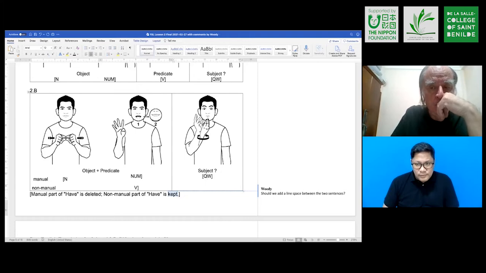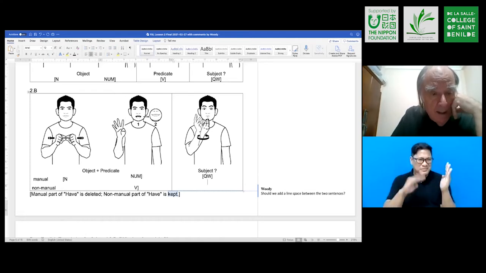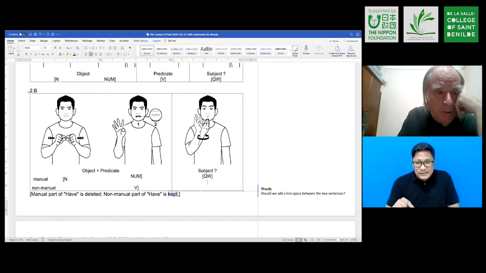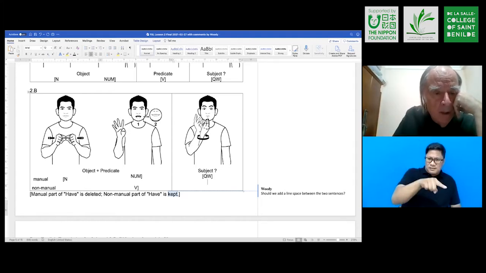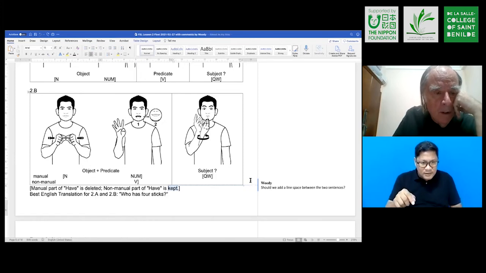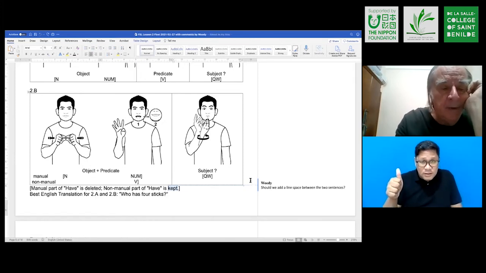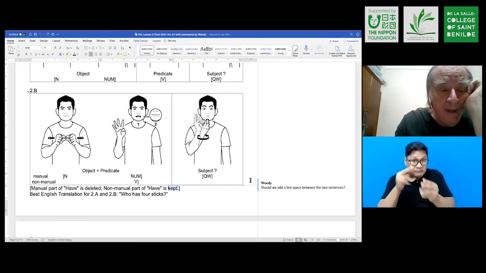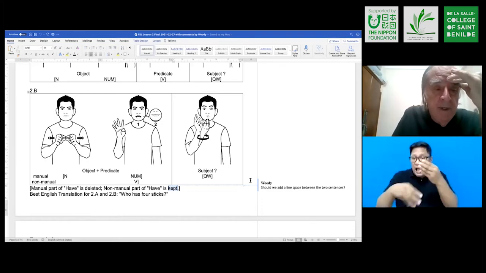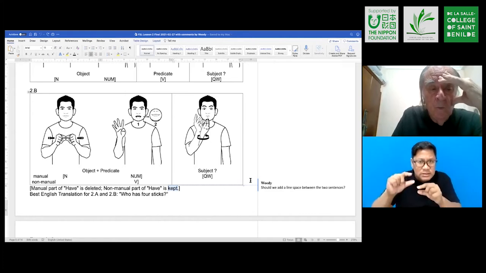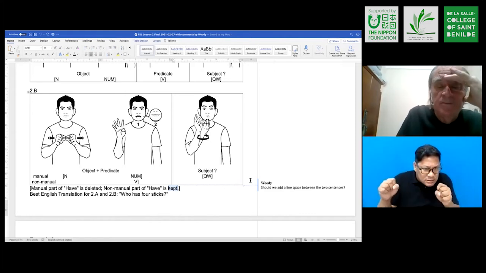Like that? Yes, and that's going to put it in the next line, which might be a problem. Can you just go back on that? If you can keep the manual and non-manual part the way it is, no space in between, and only add a space in between the sentences under the example.